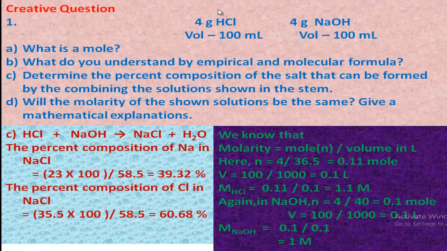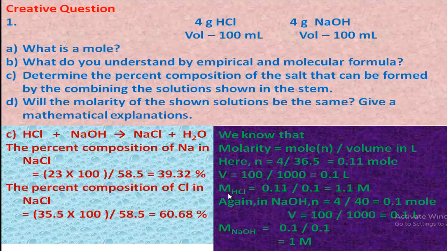So at first you have to convert these two factors into desired units. That is, the amount of hydrogen chloride you have to convert into mole by dividing by the molecular mass of hydrogen chloride, and this is 0.11 mole, and there is given 100 milliliter volume, so divided by 1000 it will be converted into 0.1 liter.